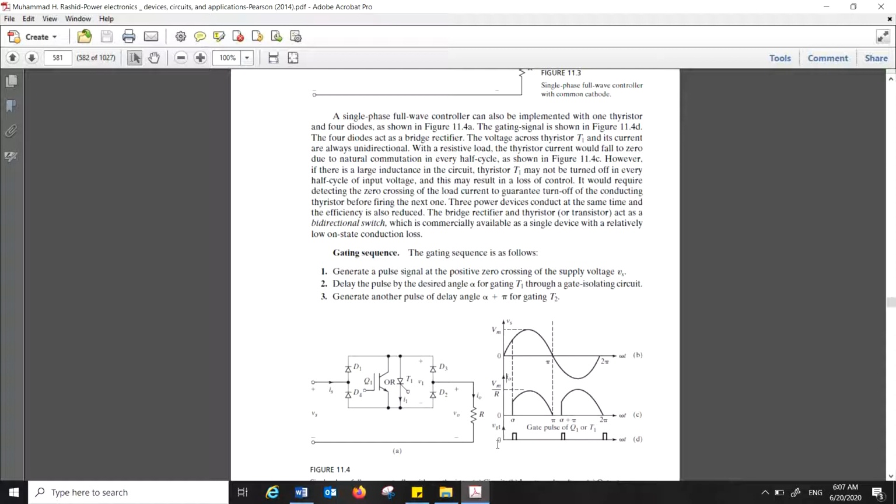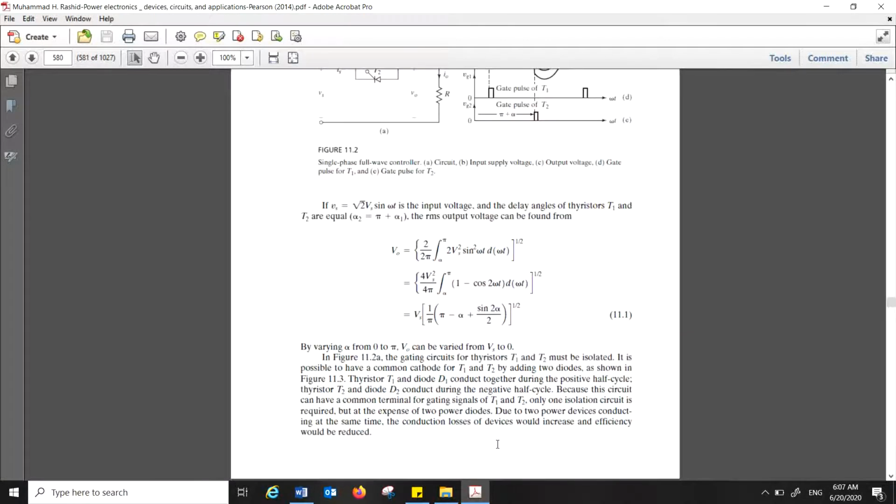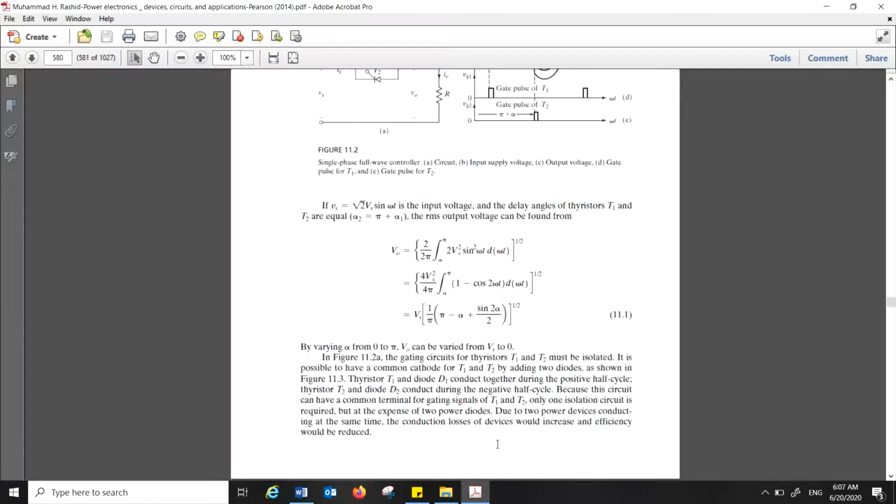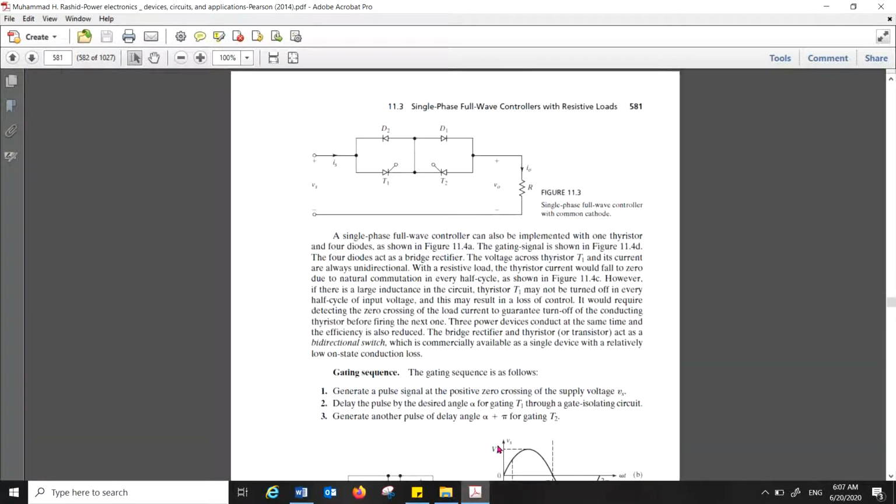Now we have discussed three circuits, so let us take them one by one. This one is simple: back-to-back two thyristors, one operating at one time, extremely efficient. This is the second circuit with a common cathode with a single control circuit.